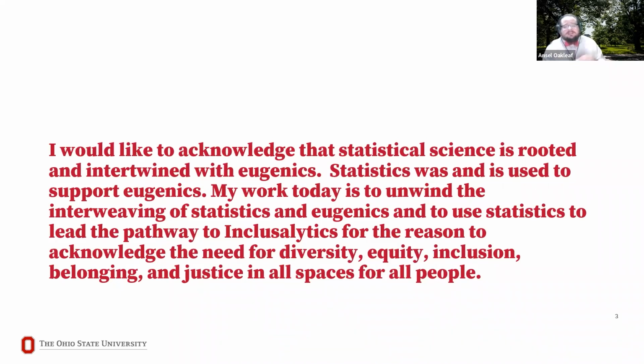My focus is to take statistics and to sort of unwind how it was interwoven with the eugenics movement, which is fairly recent. As of 2018, it was still being used in that fashion. I'm sure it still is. My goal is to use statistics to lead the pathway to inclusilytics for the reason to acknowledge the need for diversity, equity, and inclusion, belonging, and justice in all spaces for all people.